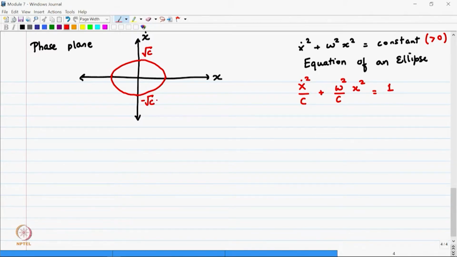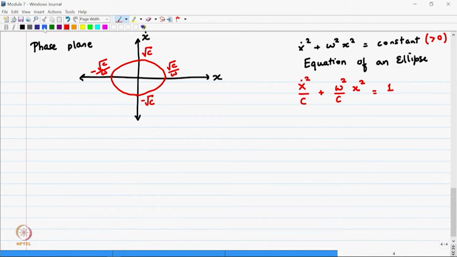When x dot equals 0, that is along the x axis, then x equals square root of c by omega, and minus square root of c by omega. So any point has to satisfy this. Now, c tells you the size of this ellipse.